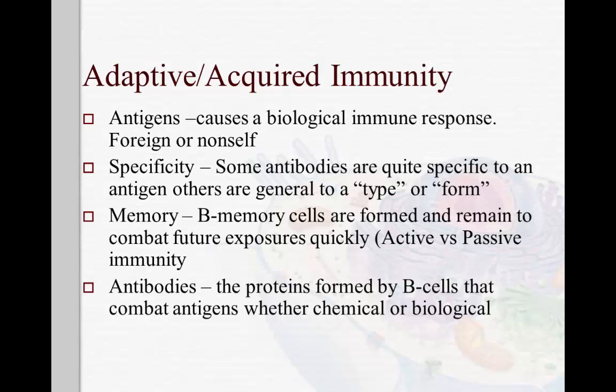So we have T cells and we have B cells. The B cells or plasma cells are in charge of production of antibodies, and those are the ones who combat antigens, whether chemical or biological.